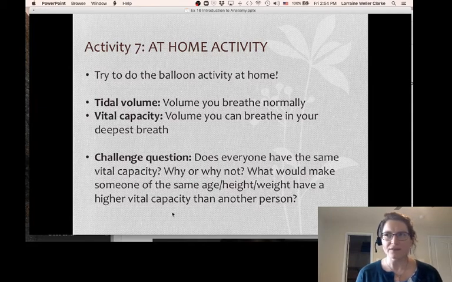So consider that. Also think about if you've ever run or done exercise, is it easier for you to do exercise after several weeks of doing the same kind of exercise? Do you breathe more normally? What are you increasing? Your tidal volume? Your vital capacity? Both? How exactly does that work?